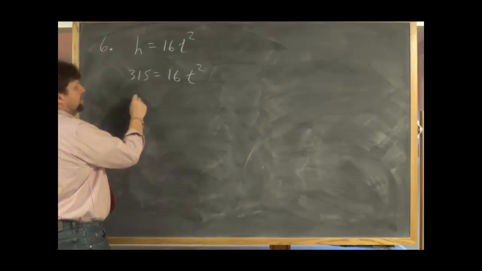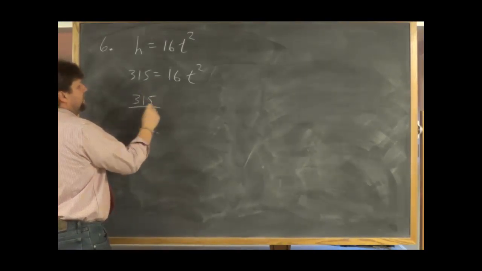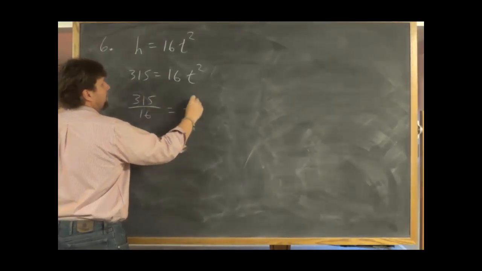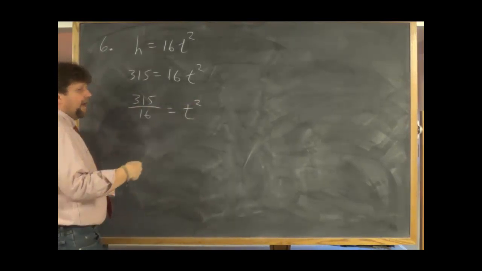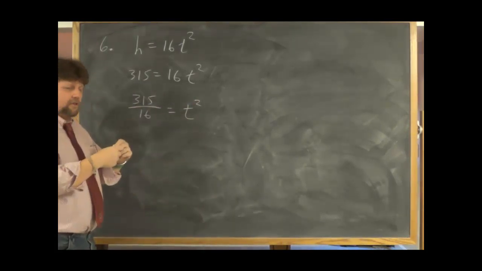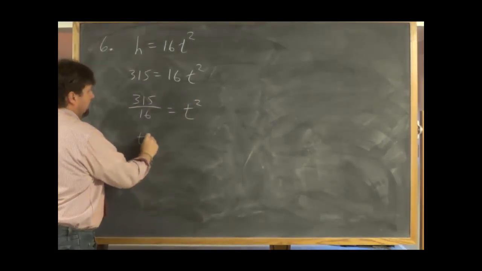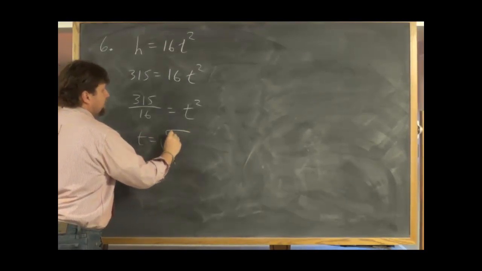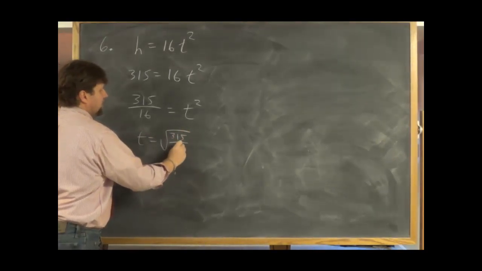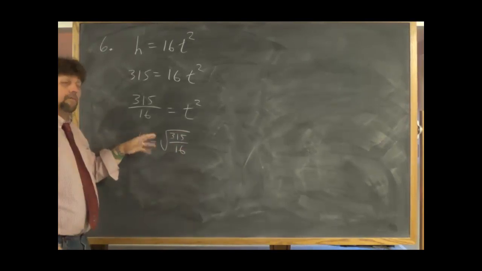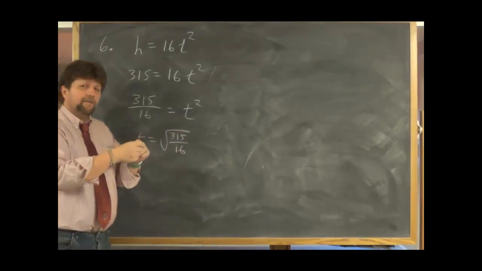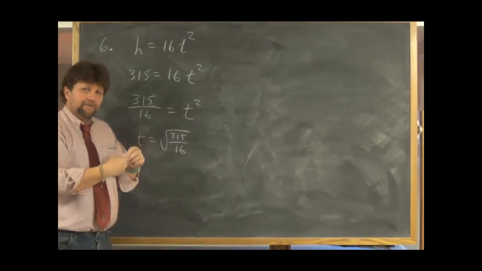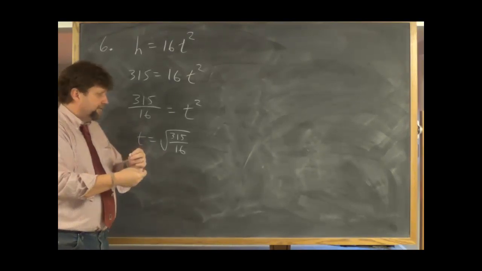I would divide both sides of the equation by 16. And then I'd use my calculator and I'd do the square root. Now, technically speaking, when I do the square root of both sides of this equation, I get a plus or minus, but we're not time travelers, so we shouldn't have a negative value for t, a positive value for t.